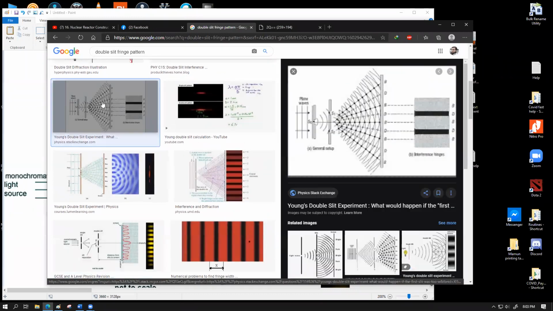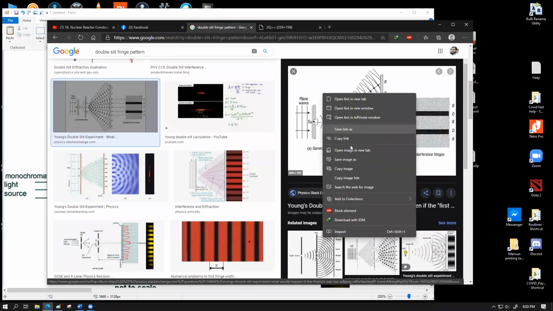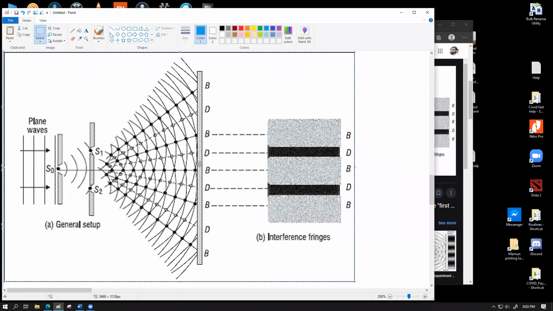Okay, this is actually a good figure. This is one of those figures where you can see where these things are properly labeled. So S1, S2, general setup, waves are coming in. These black lines are the points where the bright dots are produced, and D are the points where we have the dark, destructive points. So B are the brights, D are the darks. B means constructive interference, D means destructive interference. This is a nice figure.